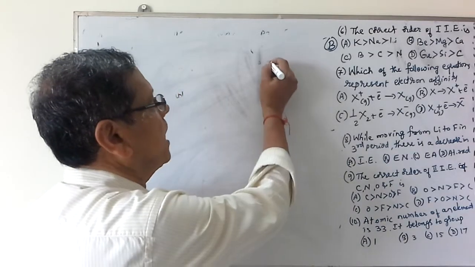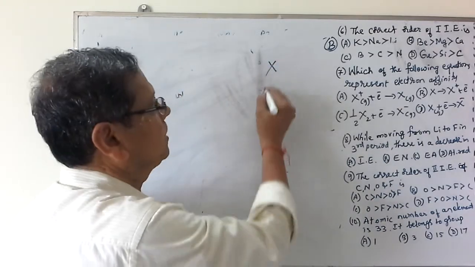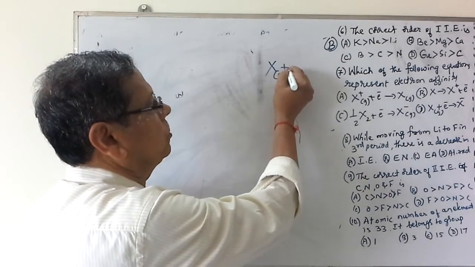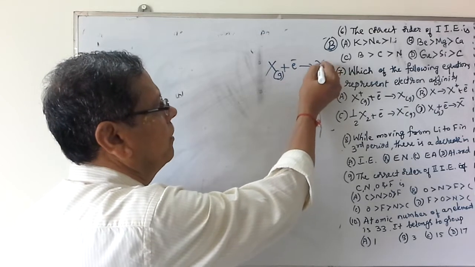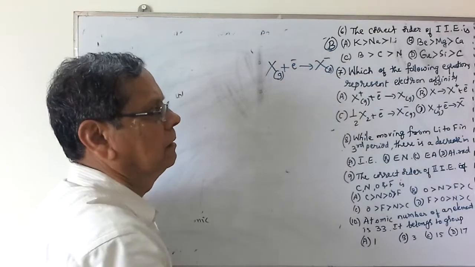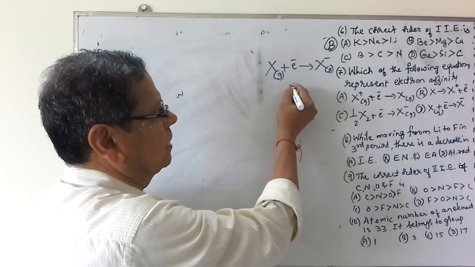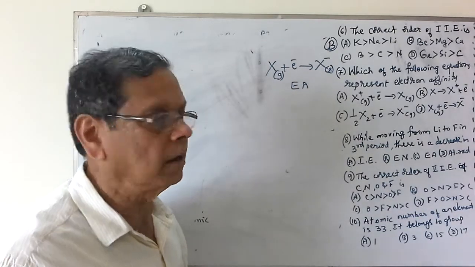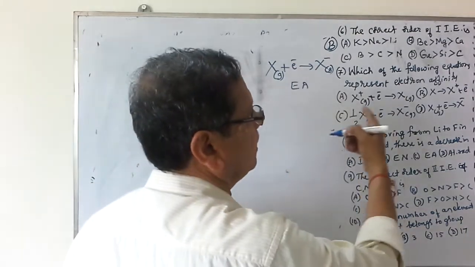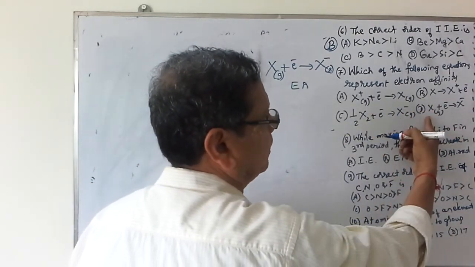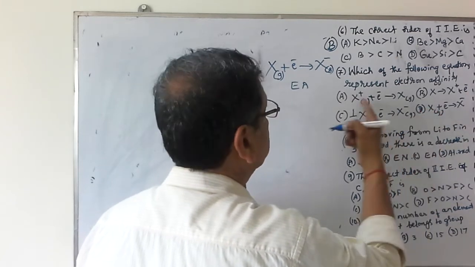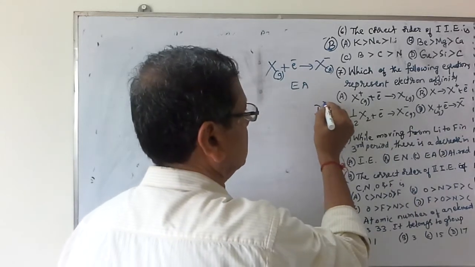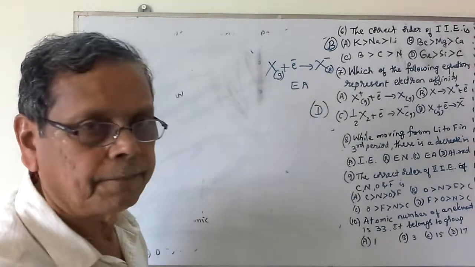So when we consider this atom X, you should take it in the isolated gaseous state, and an electron is added to give rise to a uni-negative ion in the gaseous state. For such a process, the energy change is named the electron affinity or electron gain enthalpy. This equation is indicated in option D, which contains X gaseous plus electron giving X minus. So the answer is D.